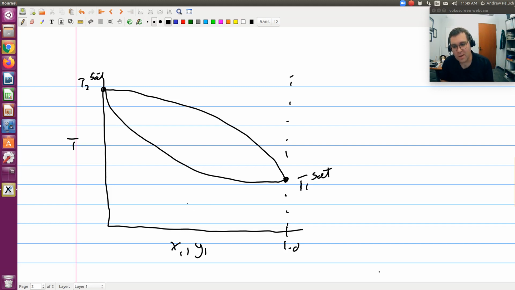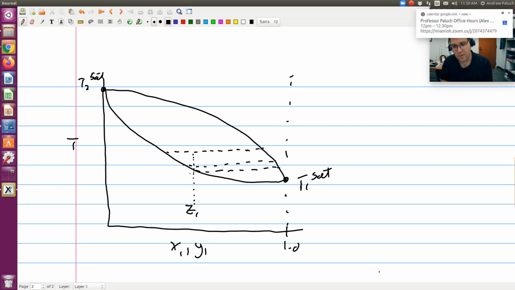So the idea is if I start out with some mixture of composition Z1, and actually let me get myself closer to the middle, and I heat up into the two-phase region, I get phase splitting along an isotherm. Let me make sure I label this point here, where I read off my X1s and Y1s.